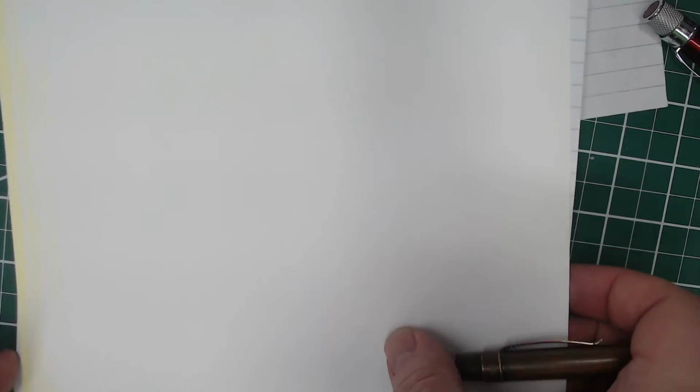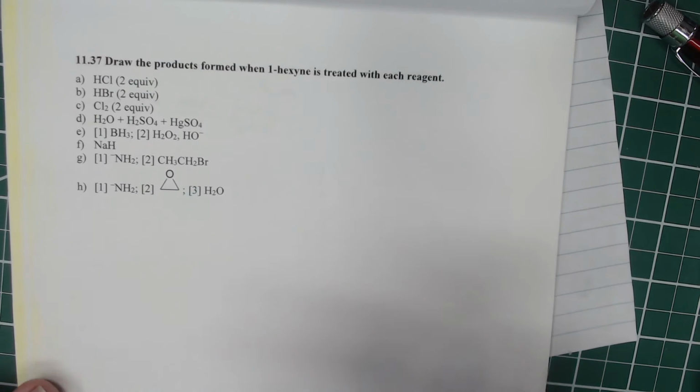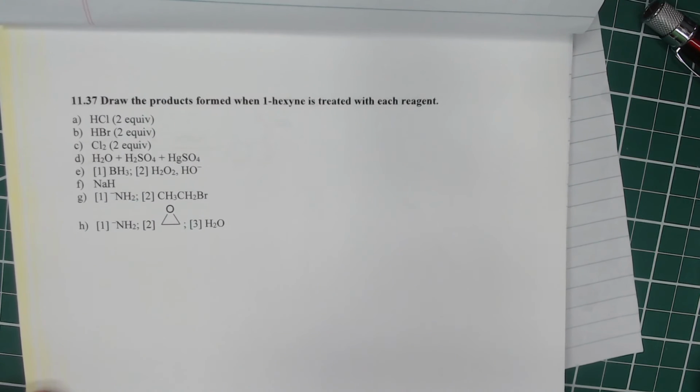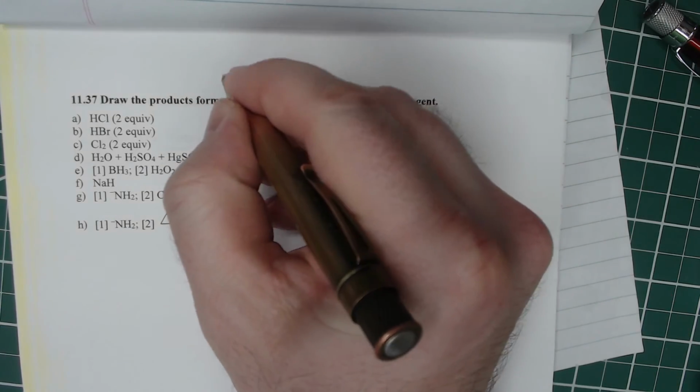All right, we've got two more problems, number 37 and number 69. So here we've got 1-hexyne, and we're treating 1-hexyne with these different reagents. So I'm going to draw 1-hexyne up here.